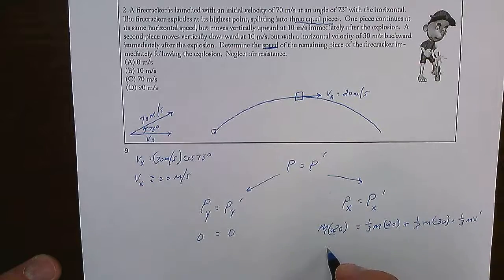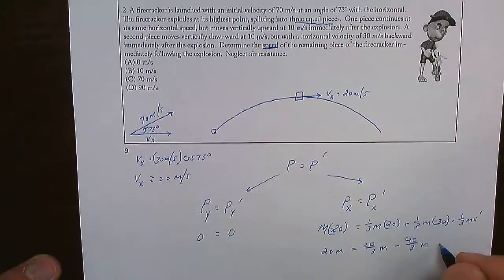So mathematically, this is 20m equals 20 over 3 m minus 90 over 3 m plus 1/3 m times v prime. Well, all the m's go away.